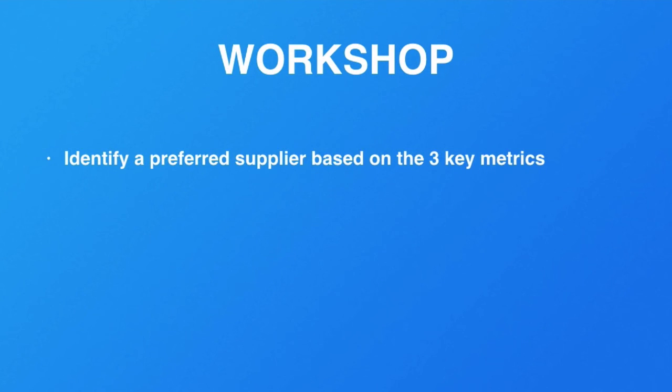Okay, so let's do a little workshop. Let's identify your preferred supplier based on the 3 key metrics that I mentioned to you in the last lesson. Then you want to keep an additional 2 to 4, so you have a total of 3 to 5, as backups.